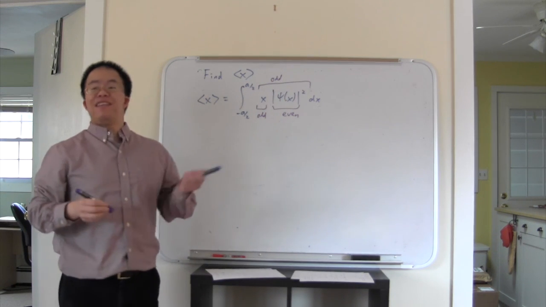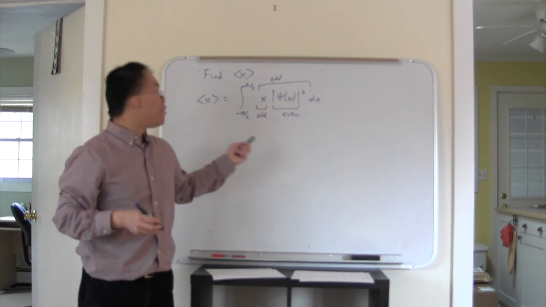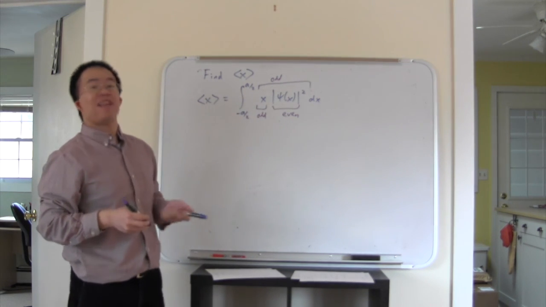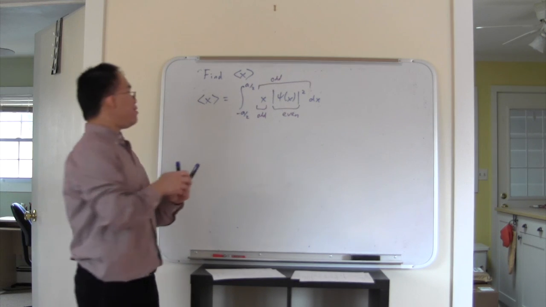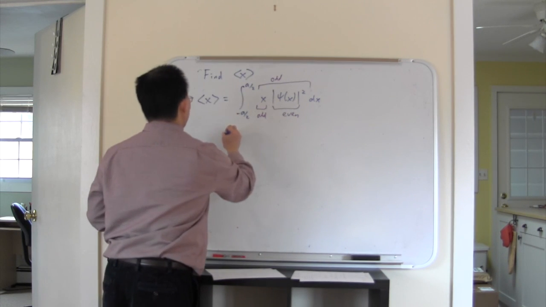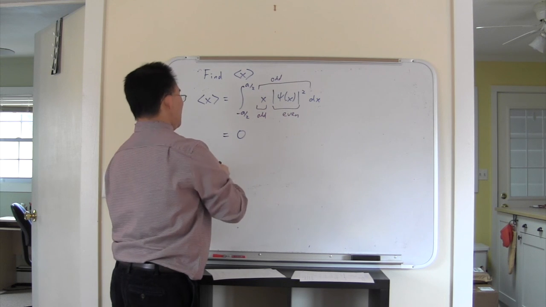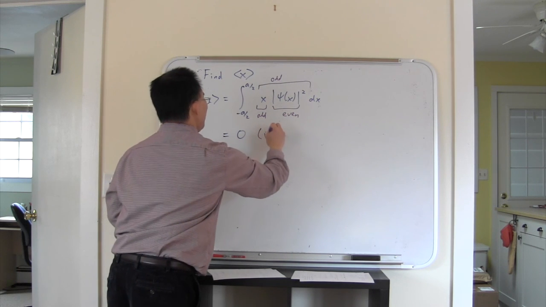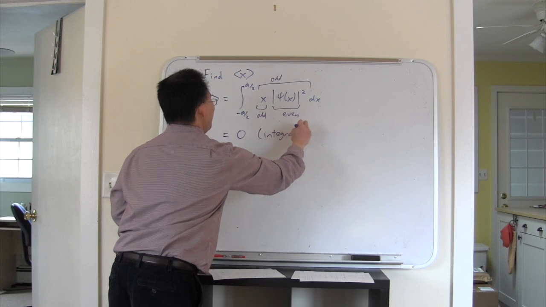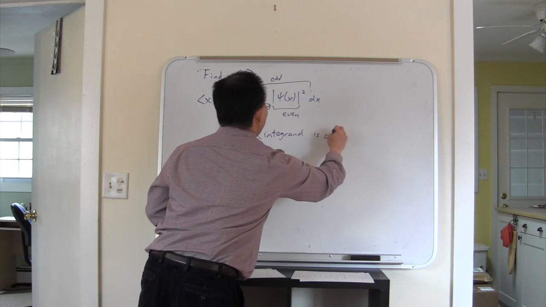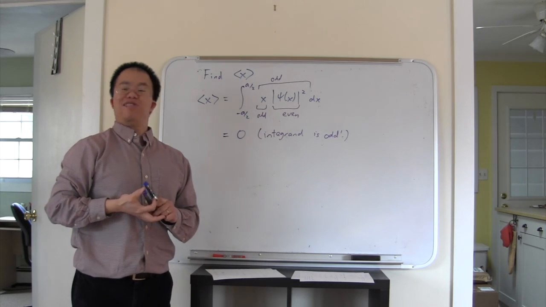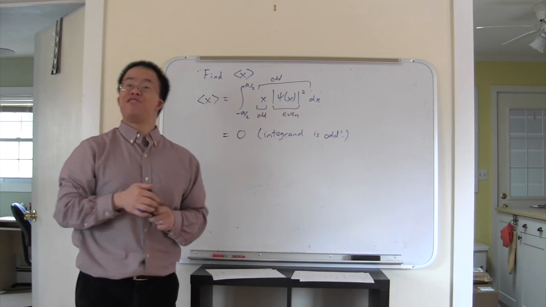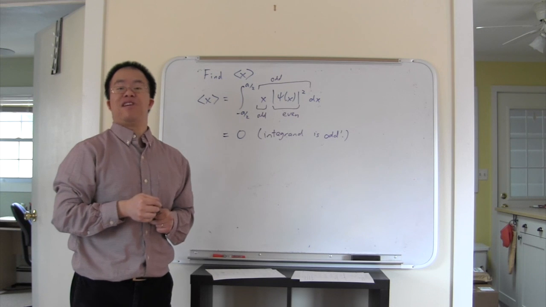And if we take the integral of an odd function over a symmetric interval, which is exactly what we're doing, well, that just integrates to 0, because the integrand is odd. So never be shy about using symmetry to save yourself a bunch of work like we just did.